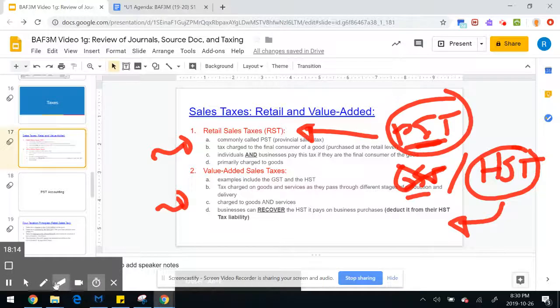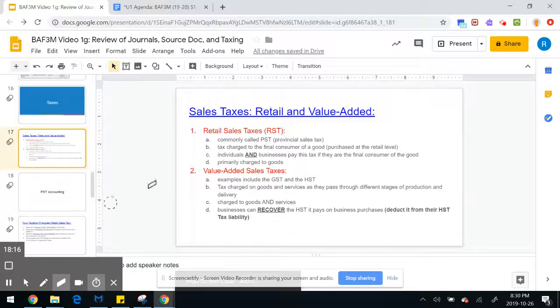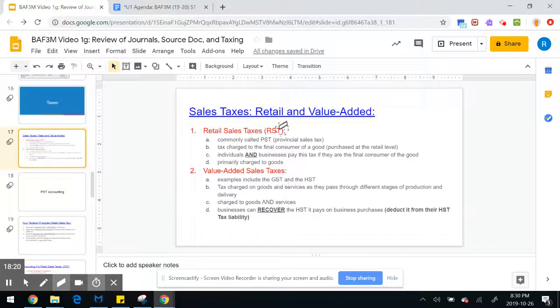I hope everything I just said makes sense about what PST and HST are, and the big difference that value added taxes, or HST in Ontario, can be recovered on business purchases. We just deduct it from any tax liability we owe the government from the taxes we've collected from our customers, which we have to pay back. We would just deduct any HST recoverable, and that keeps things nice and simple.